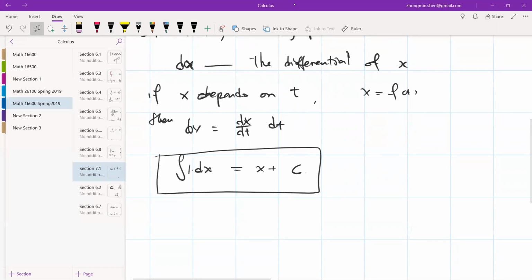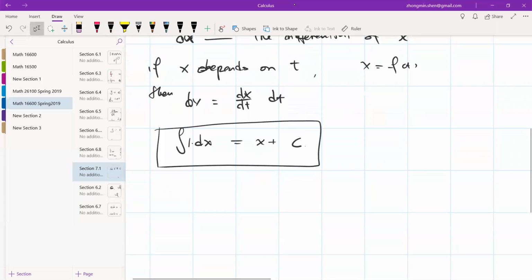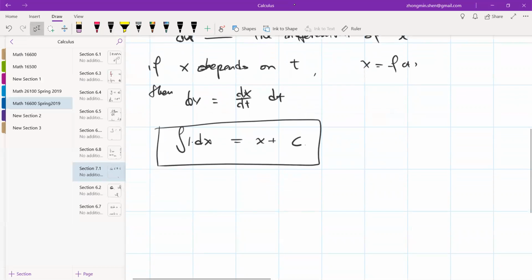Differential means kind of an instant rate of change. But this is the important formula. It's a trivial formula, but everything comes from there, just like our life coming from cells. This is the original formula. It's a trivial, simple formula. Everybody knows that. Anyone who took calculus knows this formula.